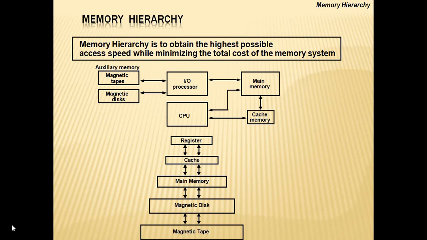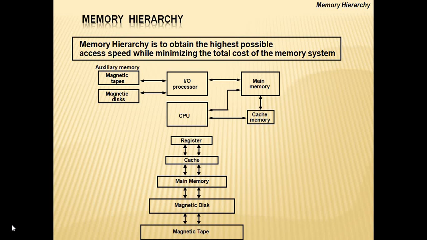The programs that are not currently needed in the main memory are transferred into auxiliary memory to provide space for currently used programs and data. A special high-speed memory called cache memory is sometimes used to increase the speed of processing by making current programs and data available to the CPU at a rapid rate.